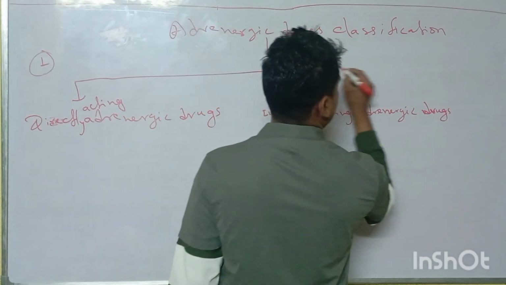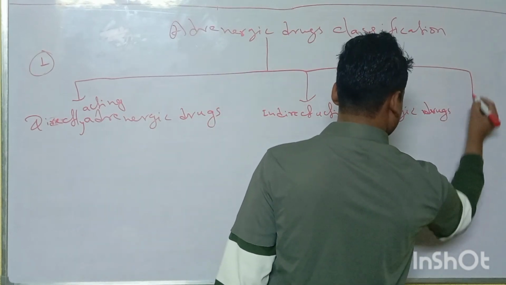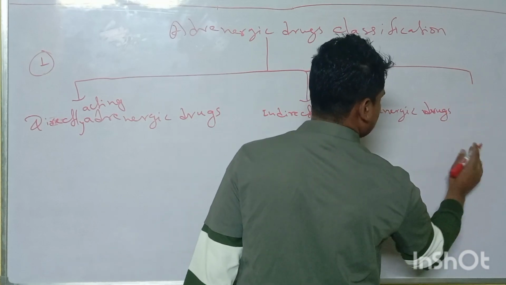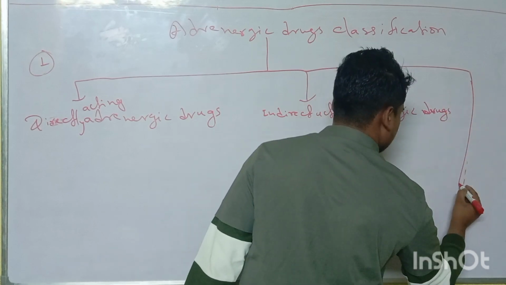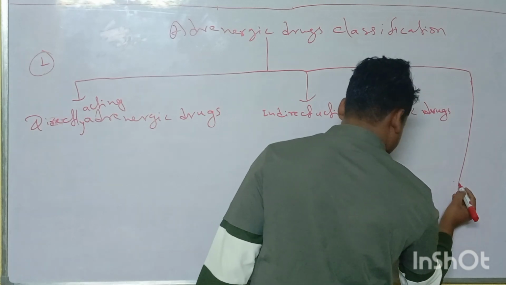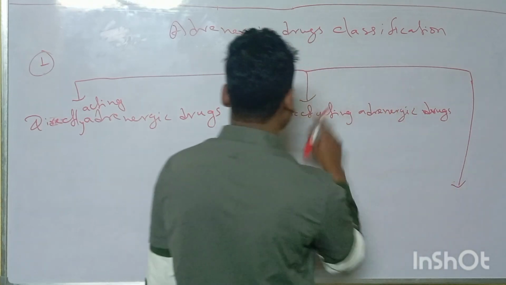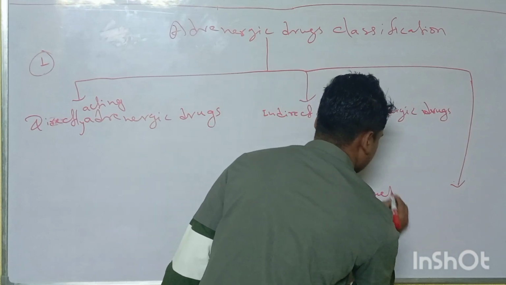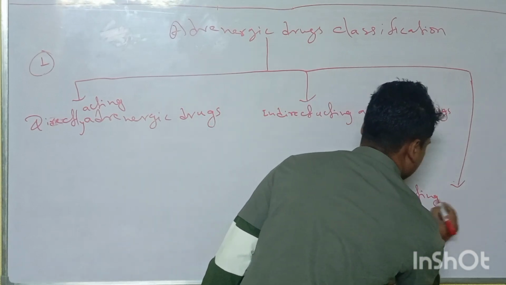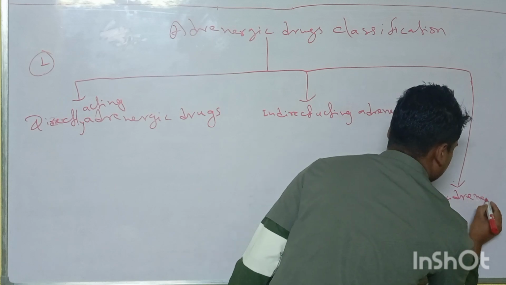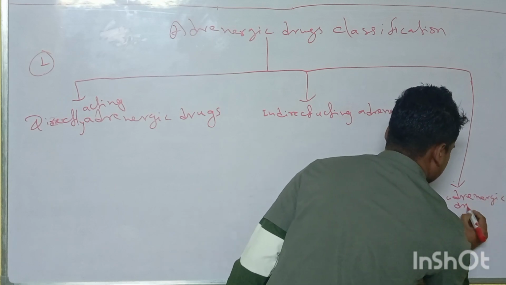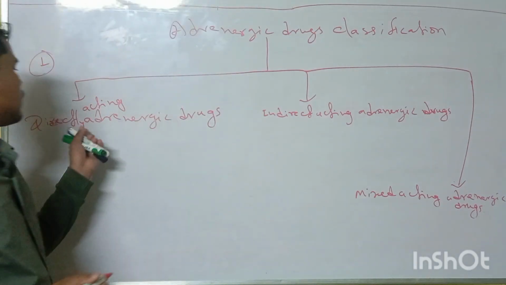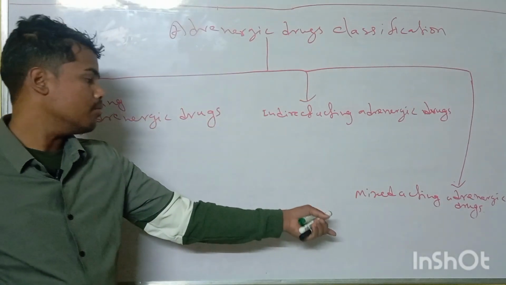And the third one, due to less space I will extend this below, will be mixed acting adrenergic drugs. So why do we call it directly acting, indirectly acting or mixed acting?